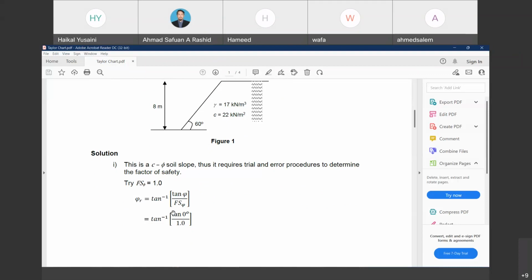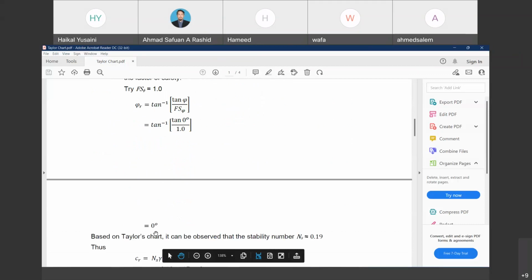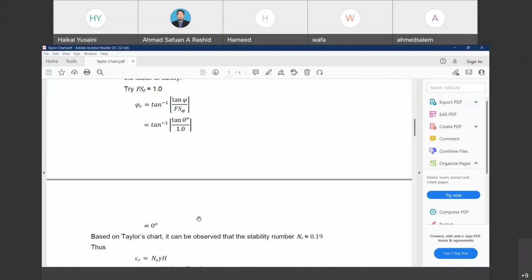If phi is equal to 0, then tangent 0 over 1 becomes 0. If we increase the factor of safety to 2, it still becomes 0. So for this case, it is wise to carry out only one analysis, because the rest of the values will also become 0, although we increase the factor of safety. For example, 3, tangent 0 over 3 is also 0.